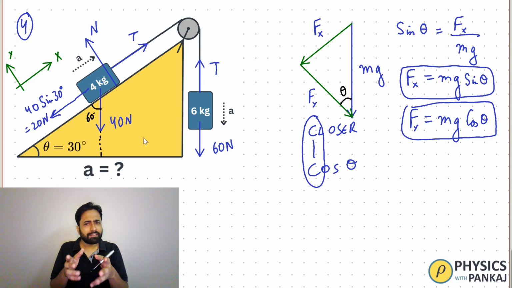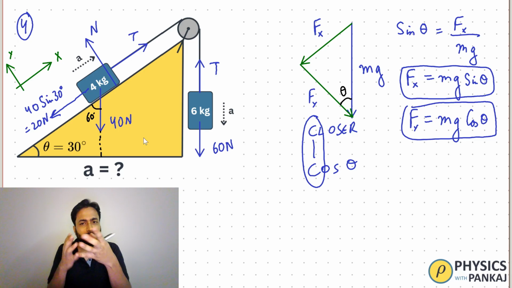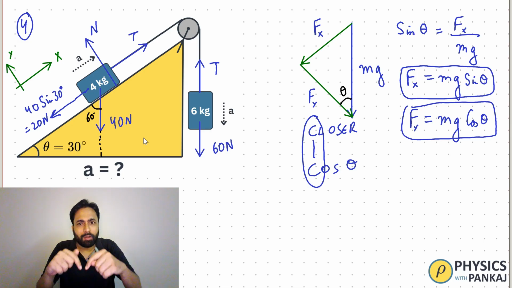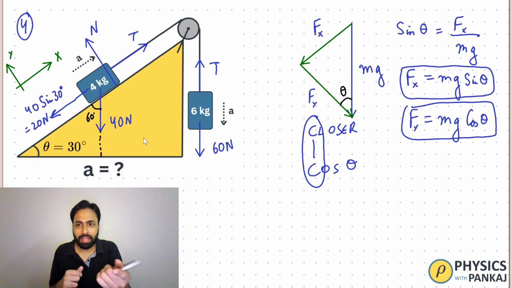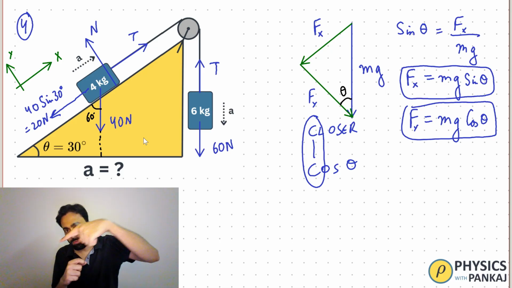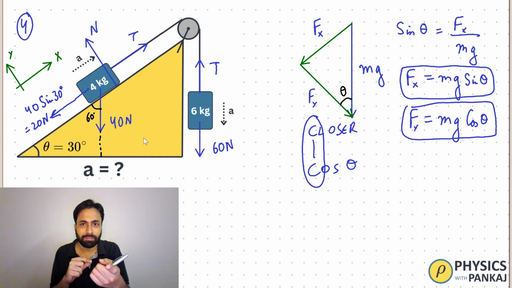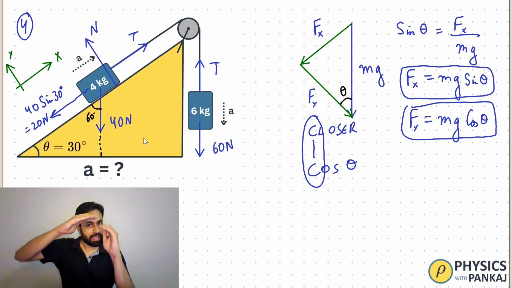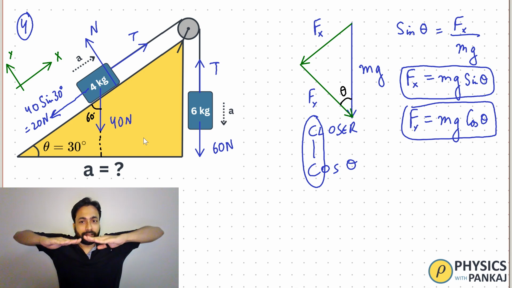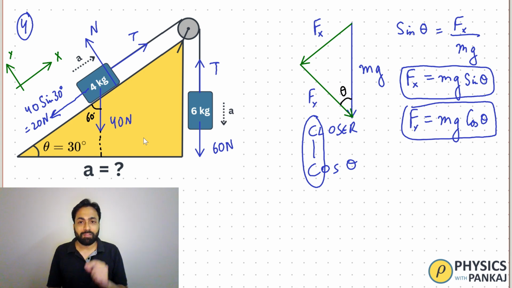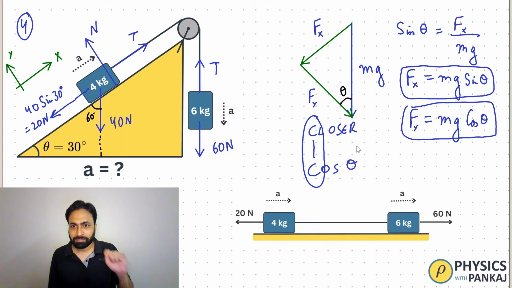Now, if I analyze this diagram again, I would see that there are two forces which are essentially moving the system. The 6 kg block is being pulled down by 60 newtons, and the 4 kg block is being pulled to the other side down the incline by 20 newtons. So if I apply the same trick again and I take this string and straighten it up, then we would see this diagram.